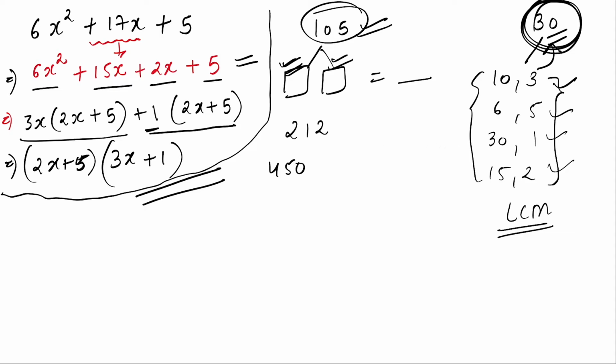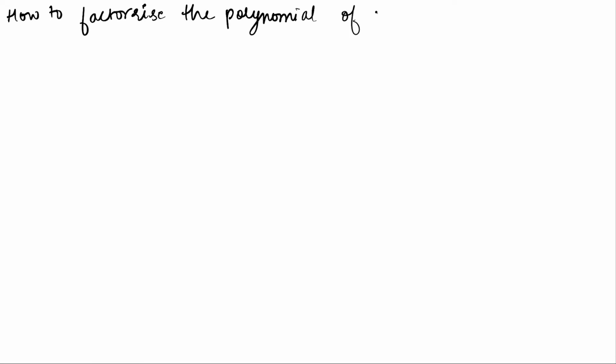Okay, moving further. Now I am going to take one more example to learn how to factorize the polynomial of degree 3. We have learnt about how to find the factors of polynomial of degree 2.